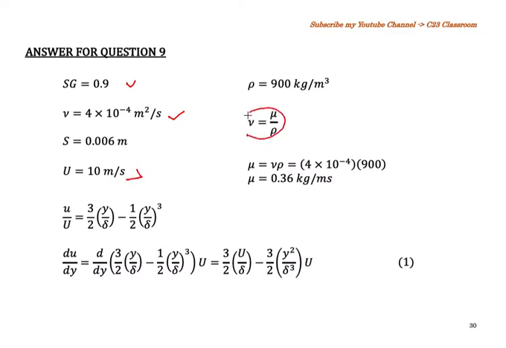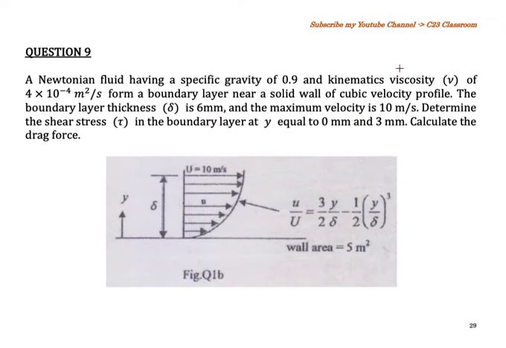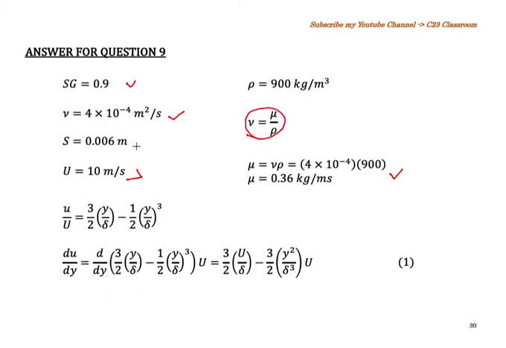So this is the relation of kinematic viscosity, and this is the dynamic viscosity of 0.36 kilogram per meter per second. The 0.006 meter here is actually the boundary layer thickness of 6 mm. So the distance is 6 millimeters, and in SI unit it is written as 0.006 meter.